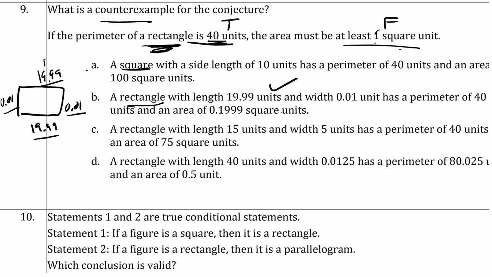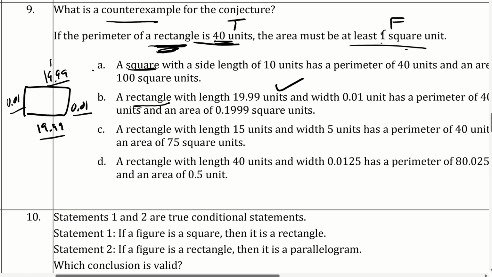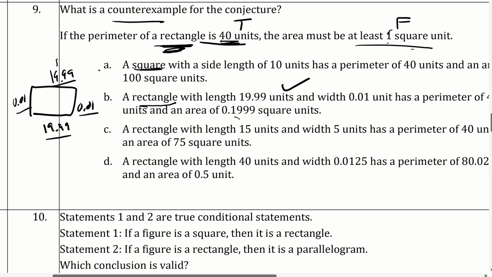So that's true. And then it says an area of 0.1999. That's true. If I multiply these two numbers, I get an area of 0.1999. So yeah, that's actually true. This is what we're looking for. It's not equal to 1, but the perimeter is 40. So this has got to be the answer.